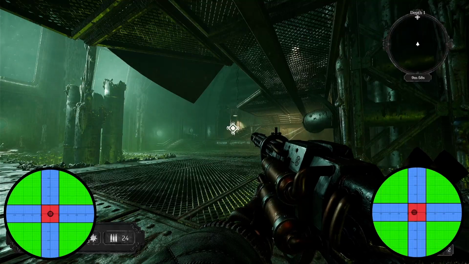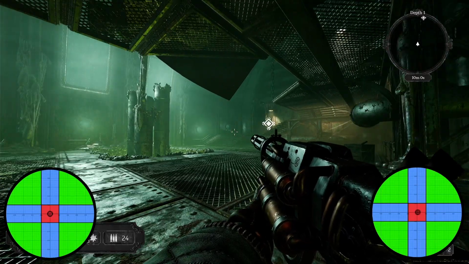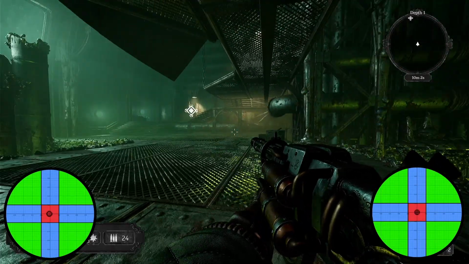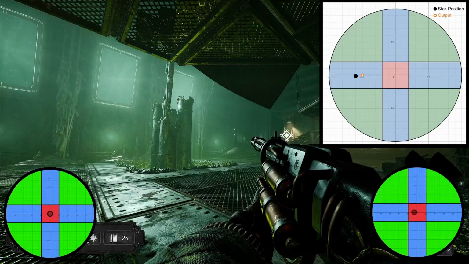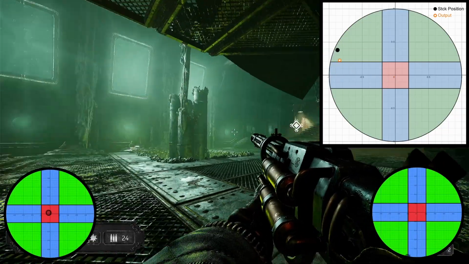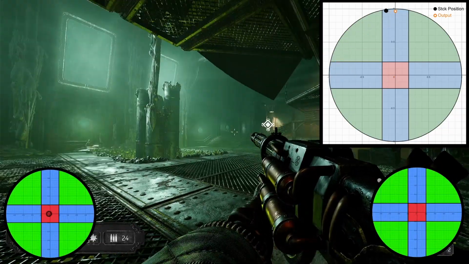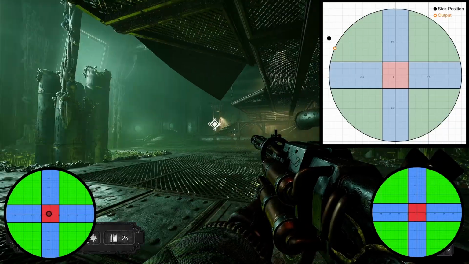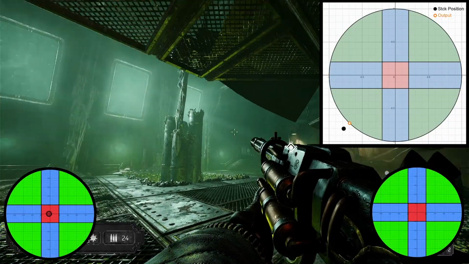The magnitudes aren't capped, so they allow that, where ideally they would be capped, and that would make it so that any direction you point the stick caps out at 100% output.